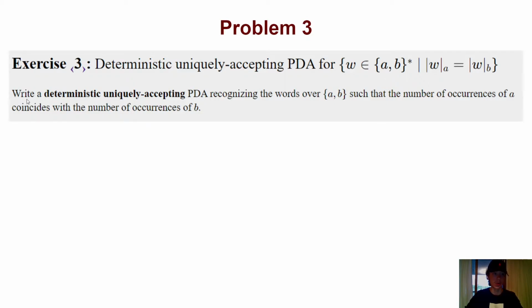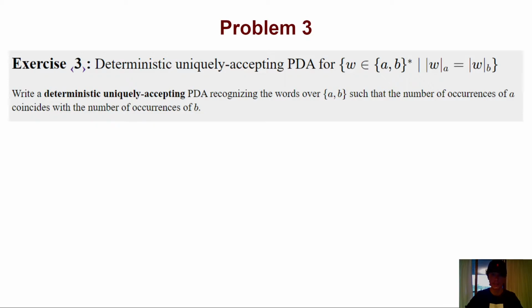It says: write a deterministic uniquely accepting PDA, pushdown automata, recognizing the words over the alphabet A and B, such that the number of occurrences of A coincides with the number of occurrences of B, right?